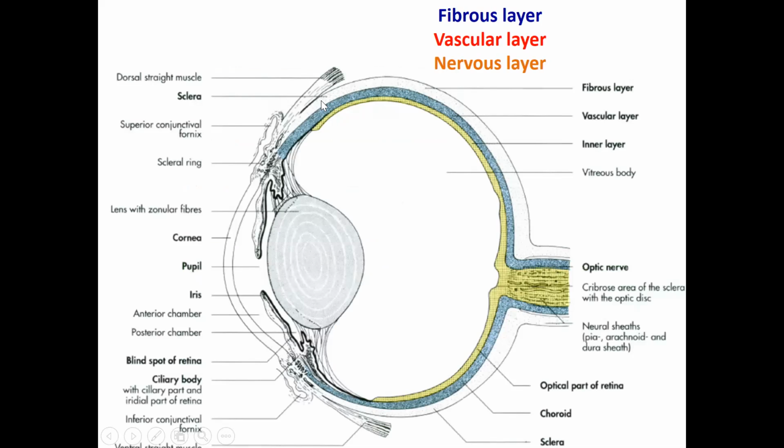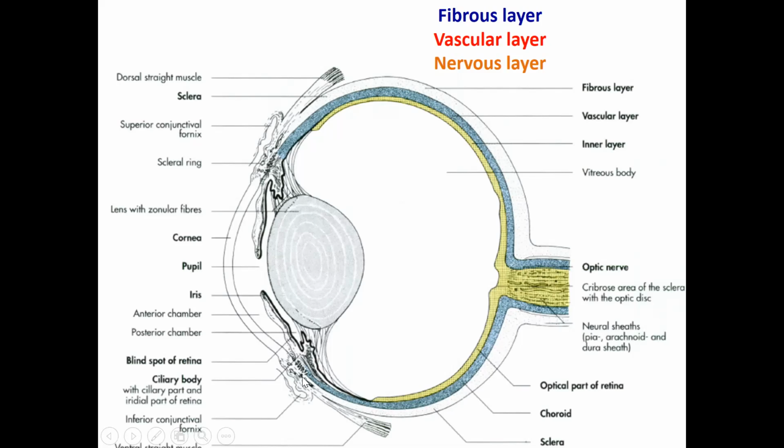So let's see the first outermost layer, which is called the sclera. This is the white of the eyeball.